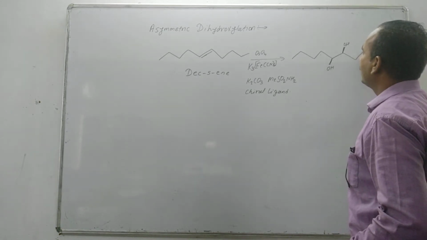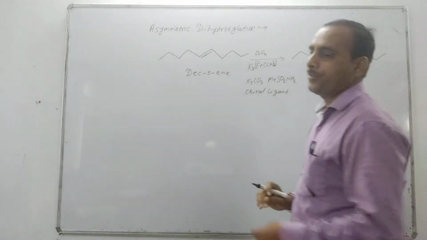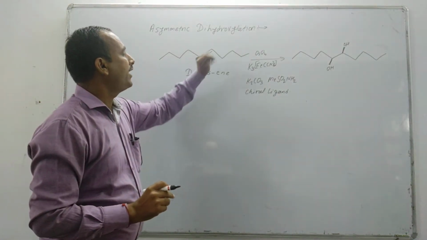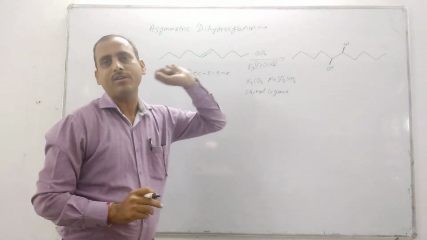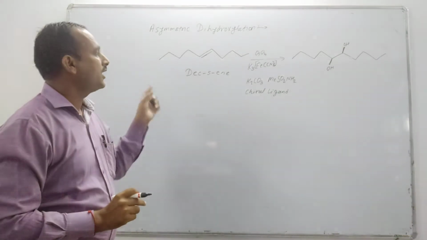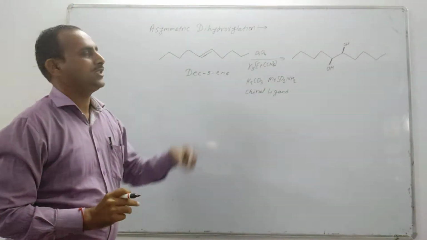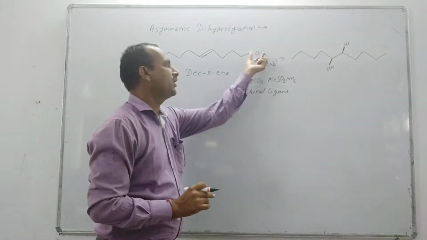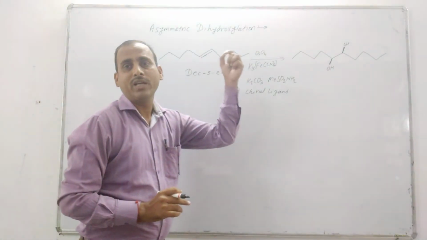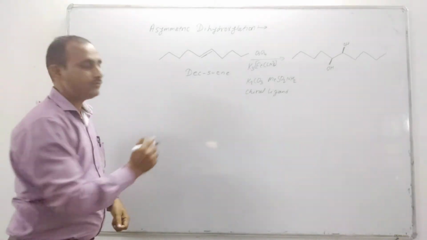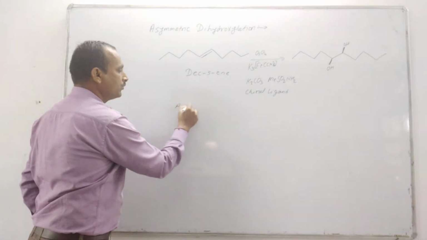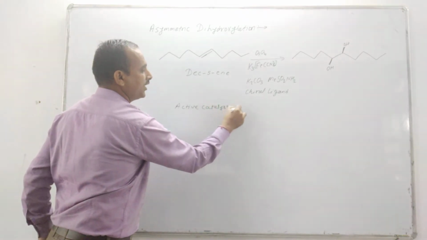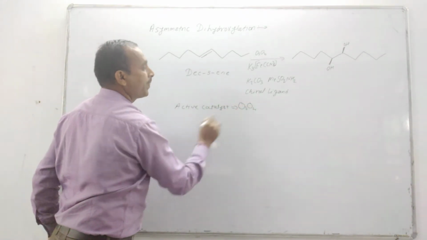OH. So this product is obtained by the dihydroxylation by osmium tetroxide. Now here the syn addition takes place to form such a product. Now here the oxidizing agent is osmium tetroxide, or we can say a catalyst. So the active catalyst for this reaction is osmium tetroxide.